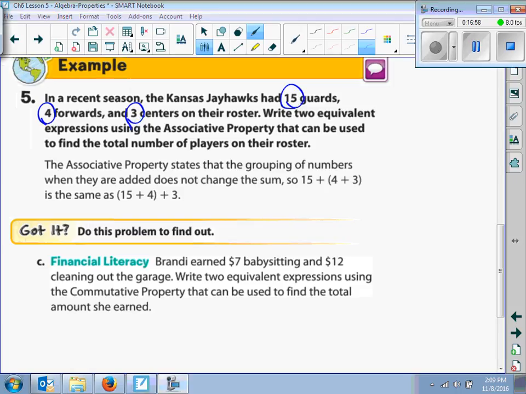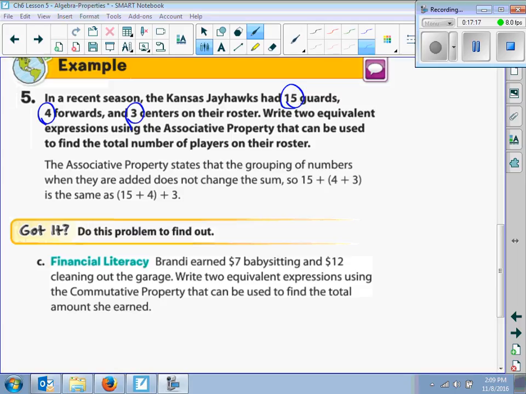Sorry, I meant plus. Okay? So this is 15 plus the quantity of 4 plus 3. Okay, and then the other expression is the quantity of 15 plus 4, plus 3.